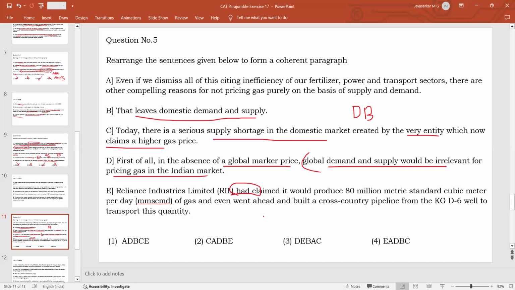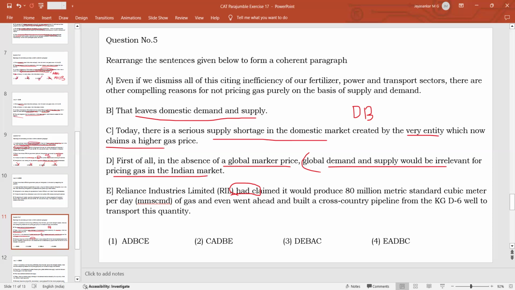So what is the implication here? By these two sentences, they did not meet their claim, or they did not live up to their claim. That is the implication. So the supply shortage in the domestic market is created by the very entity which now claims a higher gas price. They are claiming a higher gas price now. So this is the meaning. So here you can say that CE will be a sentence pair.